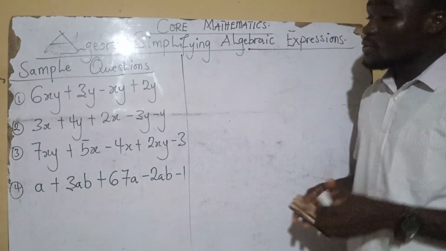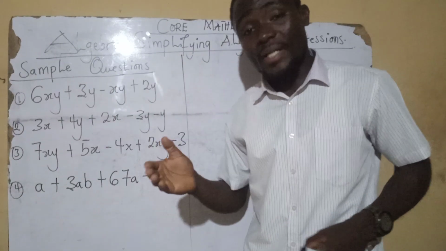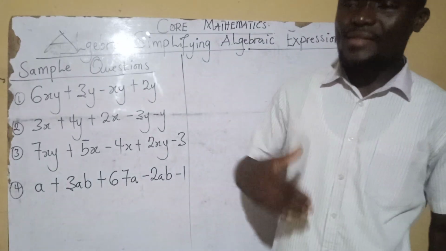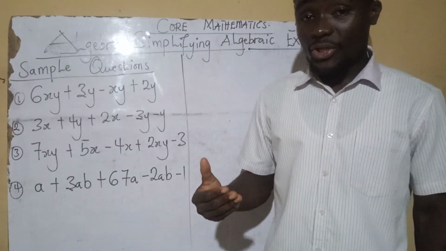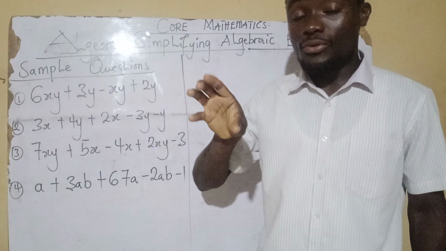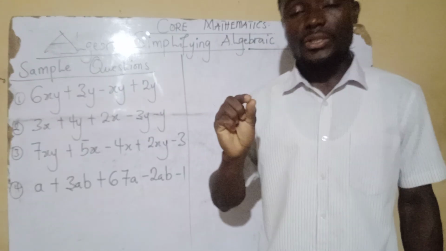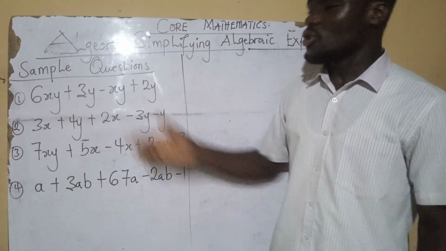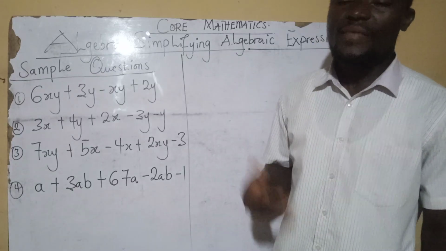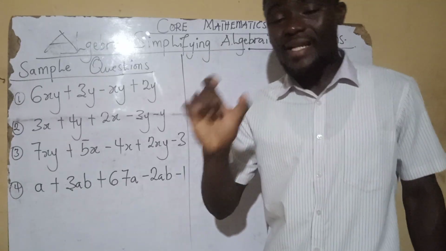Now, before we tackle the questions head on, I would like you to understand certain things when it comes to algebraic expressions, and how to simplify them through addition and subtraction. You have to understand certain things before you'll be able to solve these questions, and I will expose them to you one after the other.